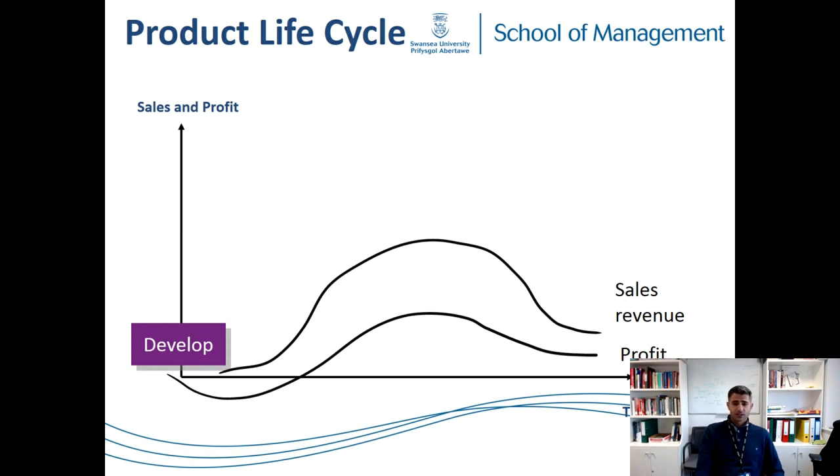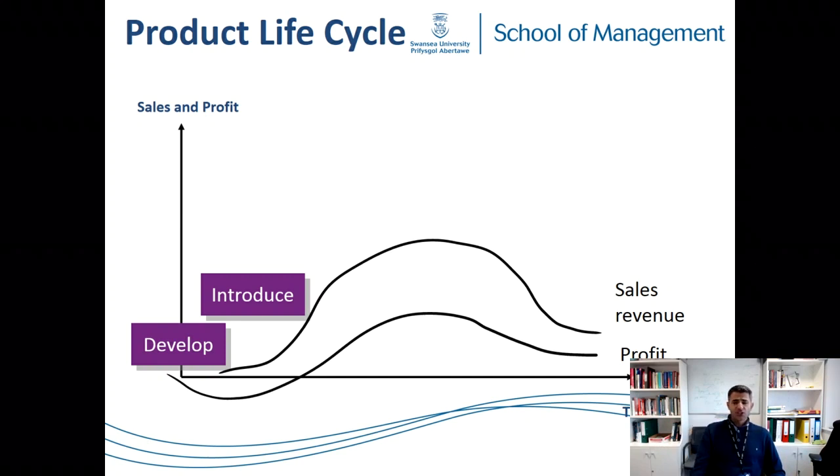After that comes the introduction stage, where we launch the product in the market and people start buying it. At this stage, the business will invest heavily in advertising and promotion in order for the product to reach all customers.